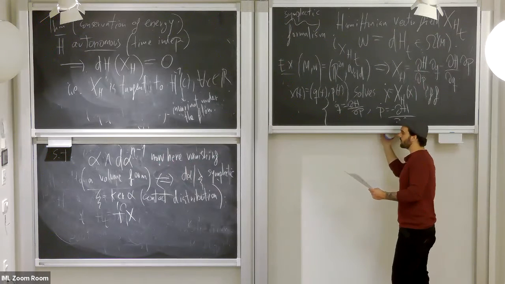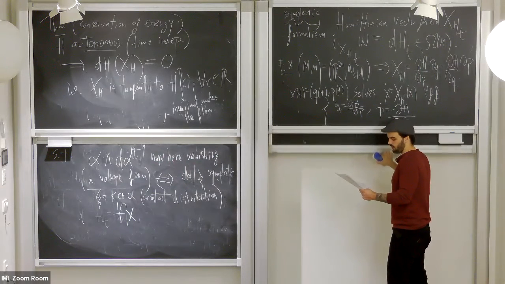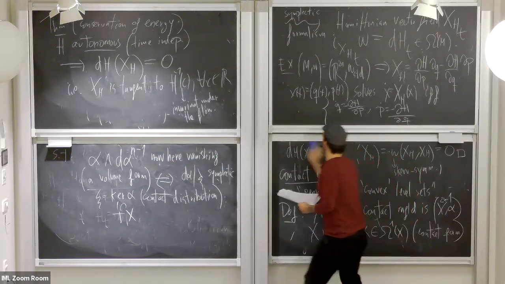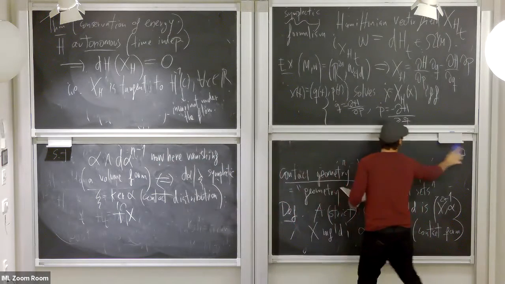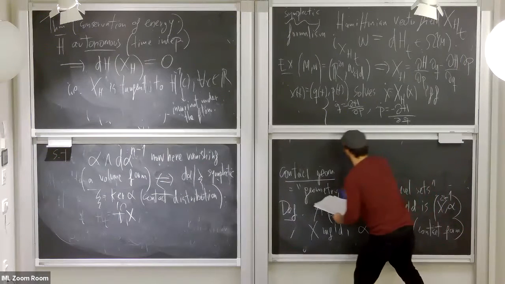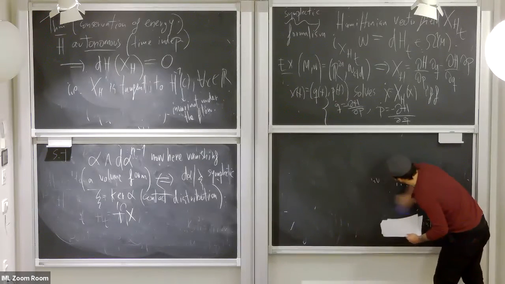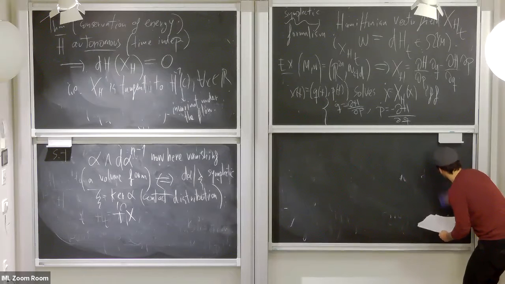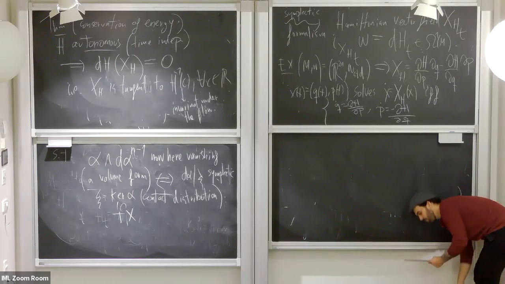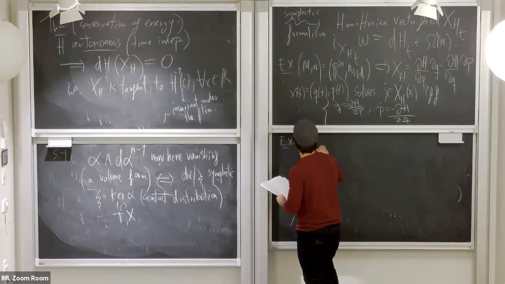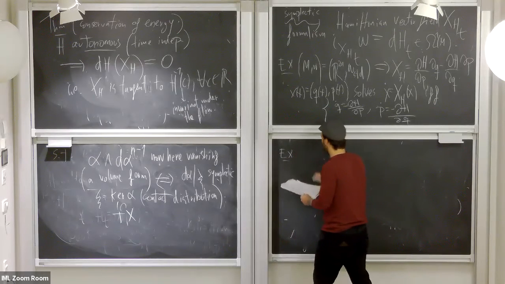So, okay, that's all nice and good, right? But what does it mean? So maybe I'll just give you a bunch of examples. The standard example: as we had a standard symplectic manifold, we have a standard contact manifold.